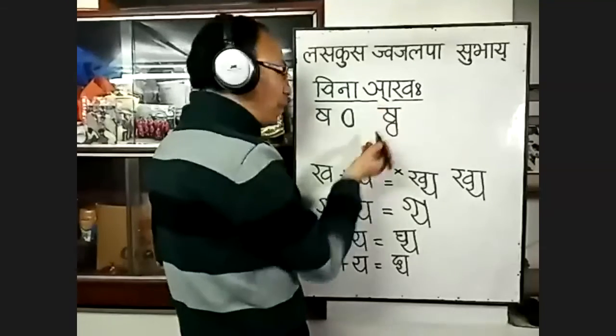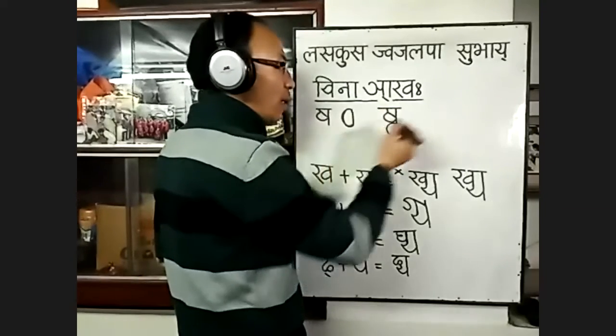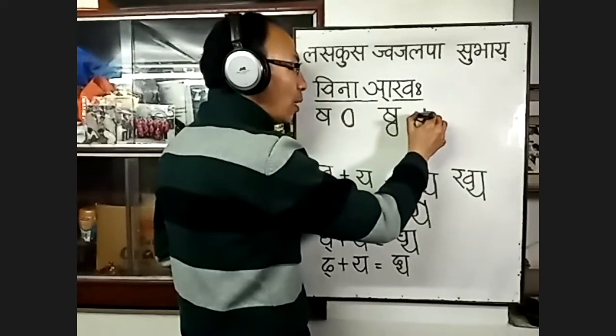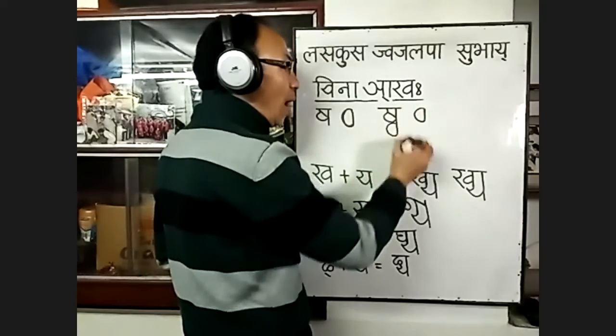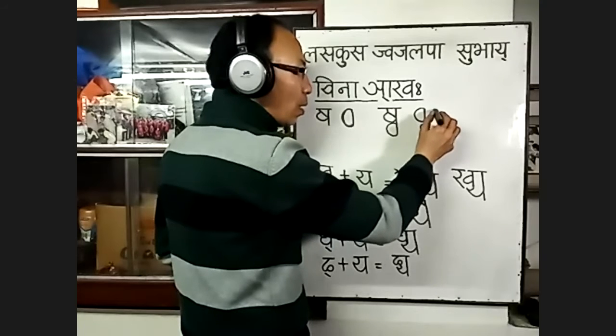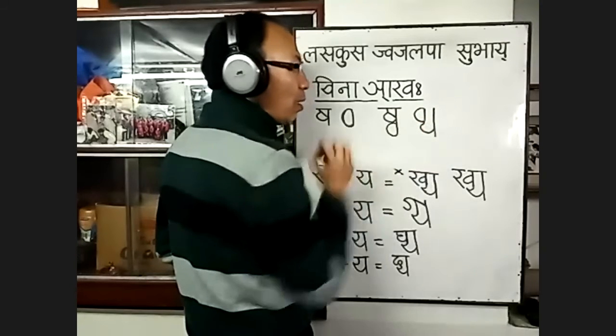So if it is just opposite, then how would you write? This is the mo maduga akha, and from here, this is written, okay?